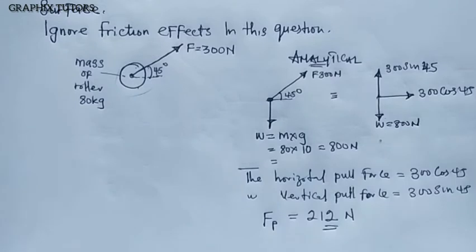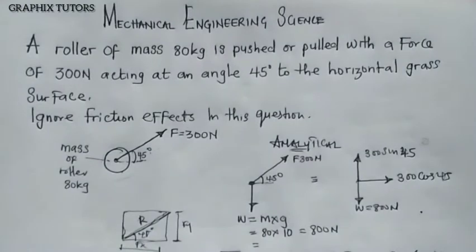Now let's do this in the graphical way and see if we are going to get this force here that we have. So we'll go to our graphical method. Now we want to analyze this question graphically and see if we will have a corresponding value. Now the first thing you do is to set your scale.